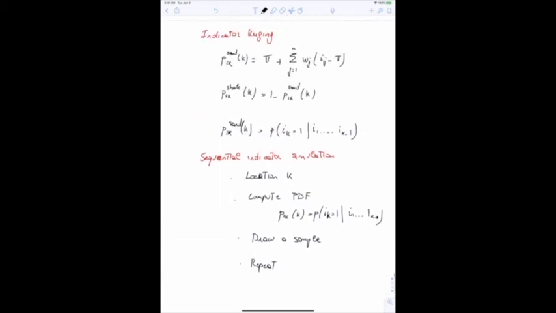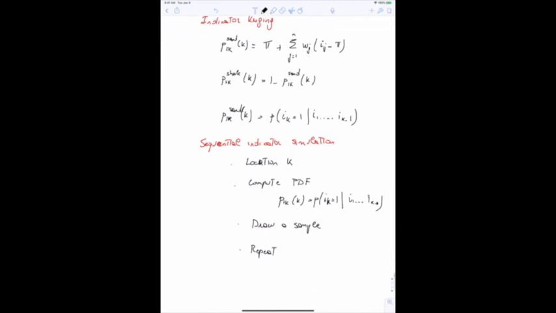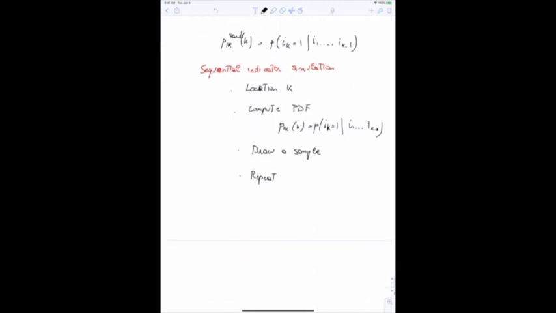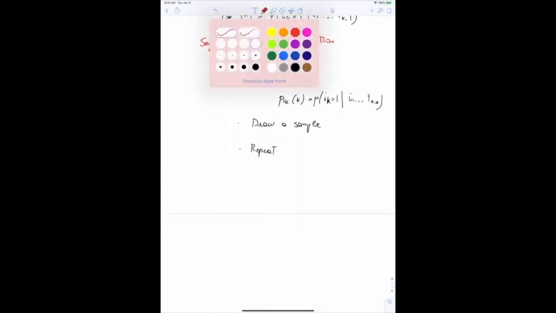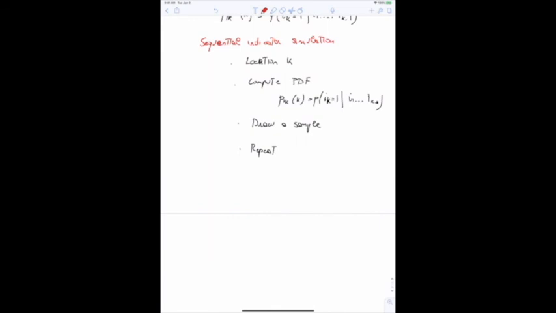Now, sequential indicator simulation and indicator kriging are not often used in geosciences. There are some more advanced methods that somehow replaced these. For continuous properties, sequential Gaussian simulation and kriging are still commonly used, but for discrete properties, it's more common to use more advanced methods.